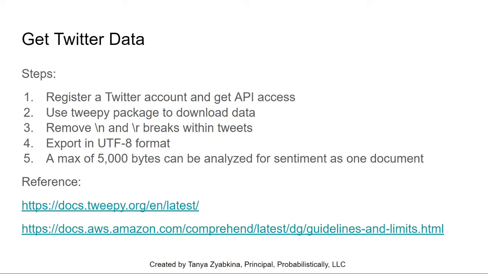That means sentiment per line of text. However, if you have breaks within the tweets, Amazon will take that as different tweets. So you have to glue it back together and remove the breaks. You export it in the UTF-8 format, and if you're not analyzing tweets but other documents, up to 5,000 bytes can be analyzed for sentiment at once.